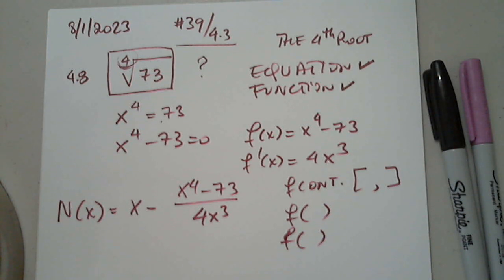Okay, so I know that 73, the fourth root, I have to start somewhere, right? So I will enter the function, and the function is x to the 4th minus 73. And now I have to put in some numbers, right? So where do I start?